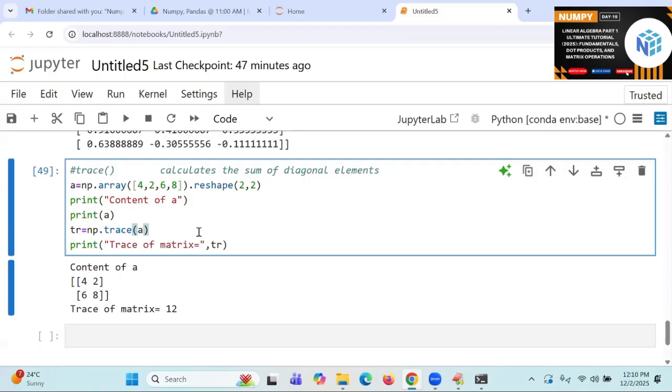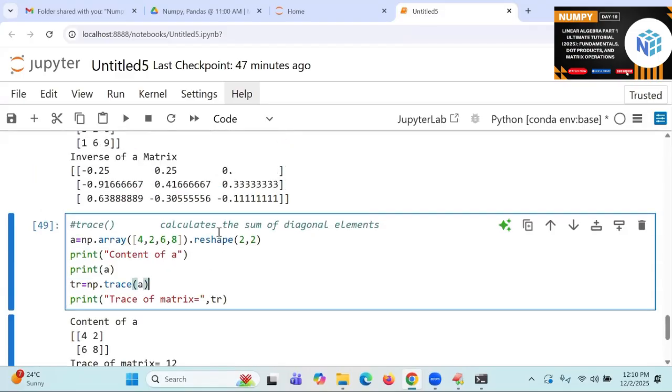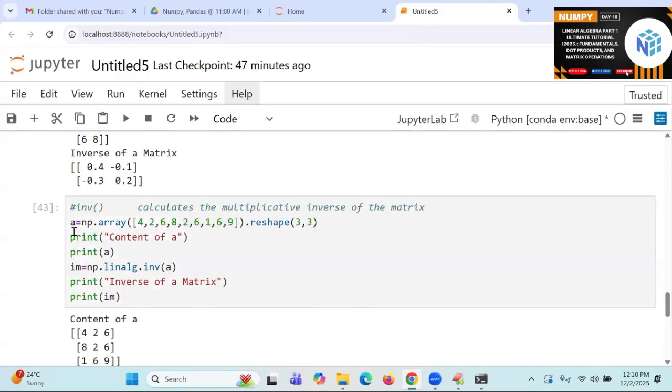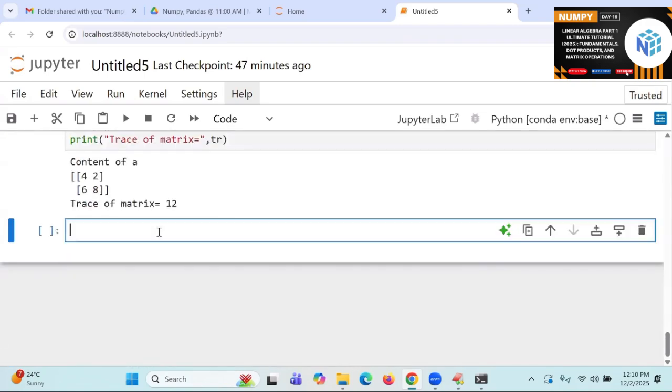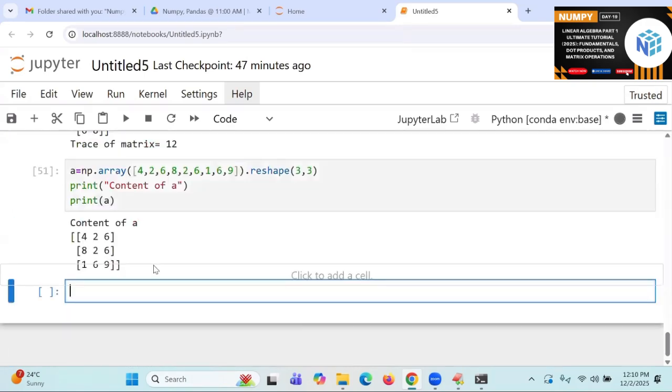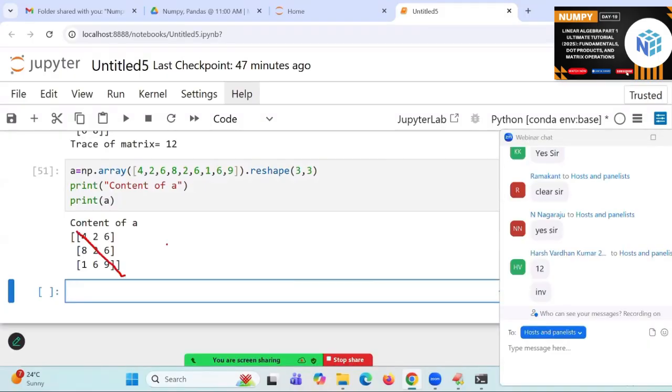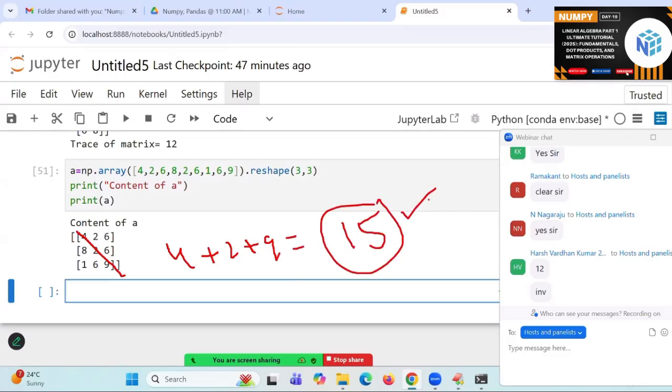That's why all of them are present in the linear algebra module; the rest are present in NumPy. Go to this matrix again. Follow me. I want to do the trace part. What is this answer now? 4 plus 2 plus 9, which is going to be 15. 15 is the answer.